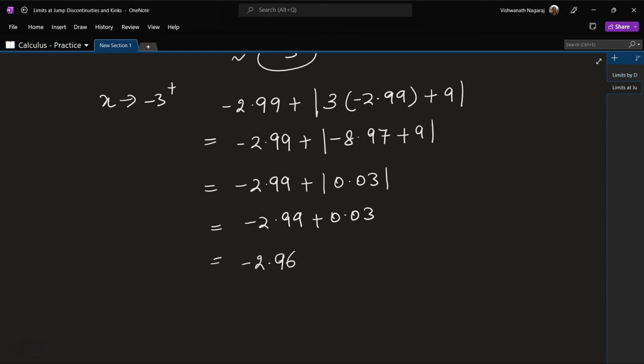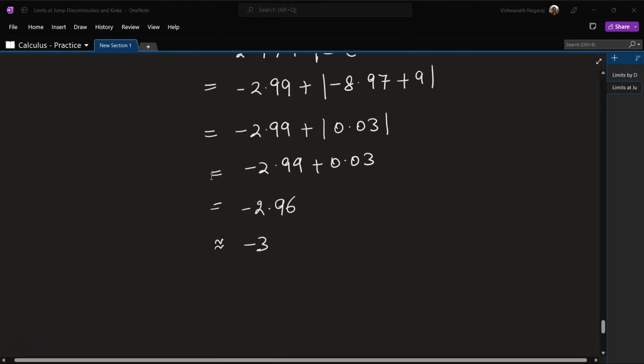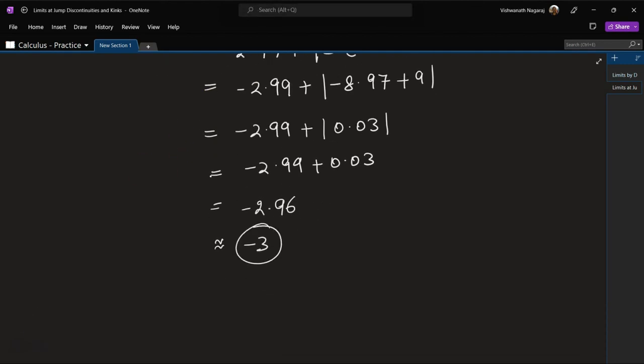So again, as we take more and more decimal places, we will end up closer and closer to minus 3. Here also it is minus 3, and here also it is minus 3. Okay, so therefore the limit as x approaches minus 3 of x plus absolute value of 3x plus 9 is equal to minus 3.